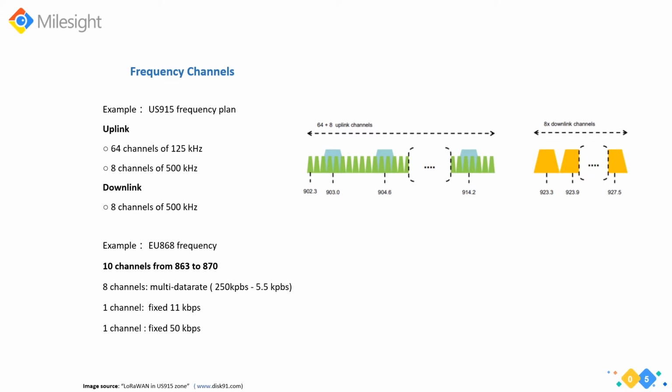It uses the EU 868 MHz ISM band, which defines about 10 channels from 863 to 870 MHz. Eight of those 10 channels are multi-data rate, ranging from 250 bps to 5.5 kbps, and there is one fixed channel at 11 kbps and another fixed channel at 50 kbps.